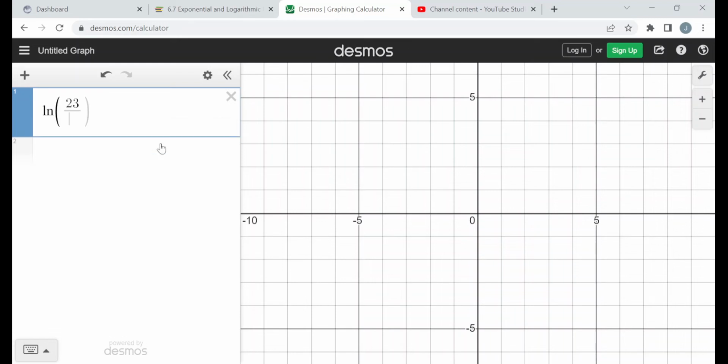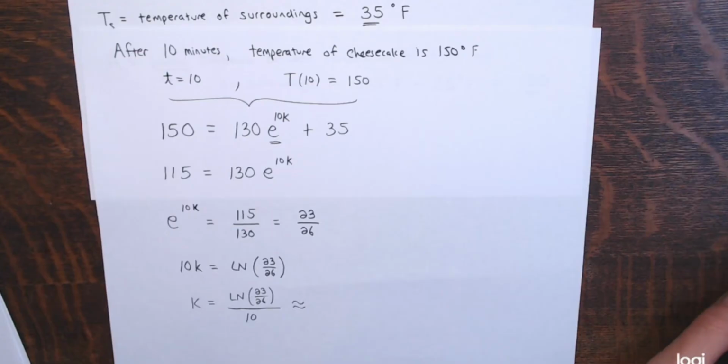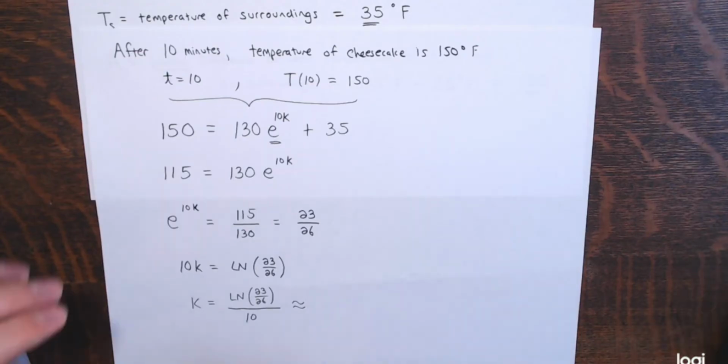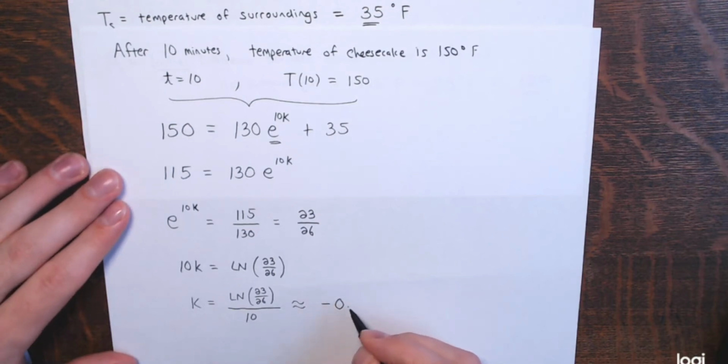Natural log of 23/26 divided by 10. And to 6 decimal places, that'd be negative 0.01226.